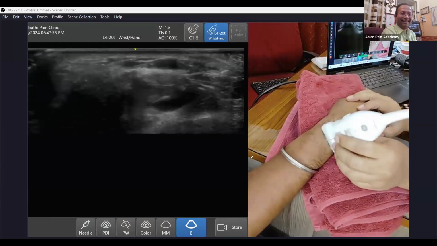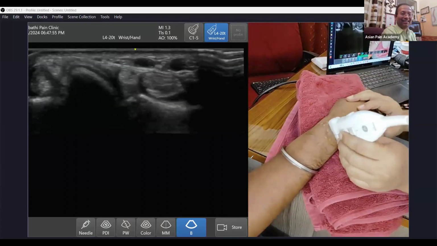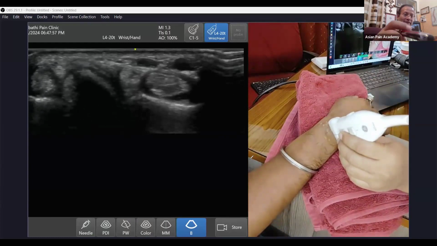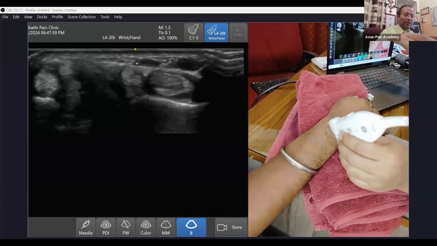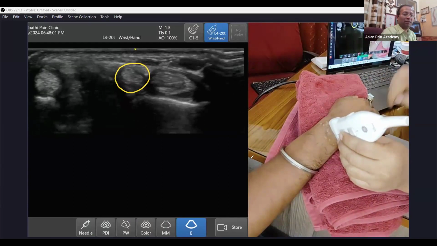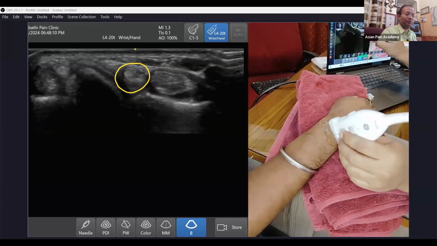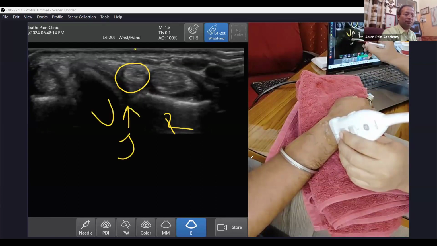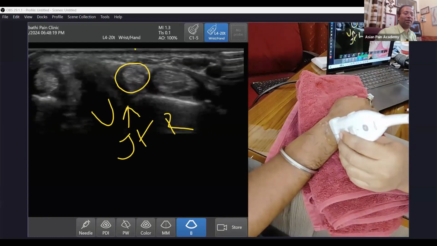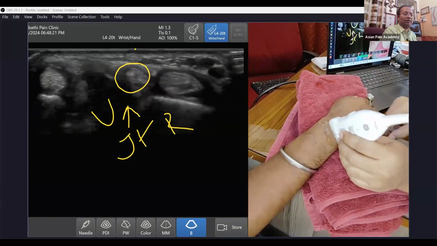Okay, because I thought it is moving, so you will be seeing too much. Okay, so this is the radioulnar joint. Just above that, this small thing is extensor carpi ulnaris.